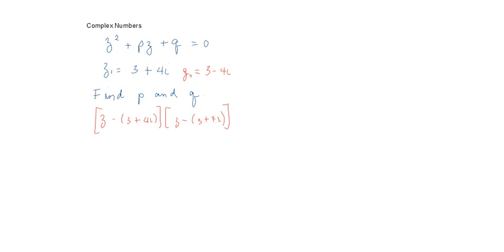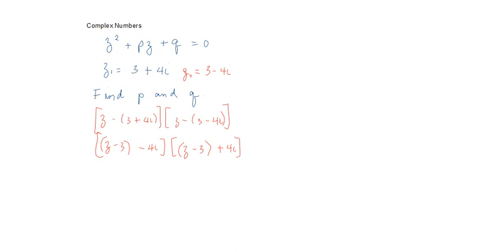Now we can regroup this, and then we have z minus 3, minus 4i, and z minus 3 plus 4i.